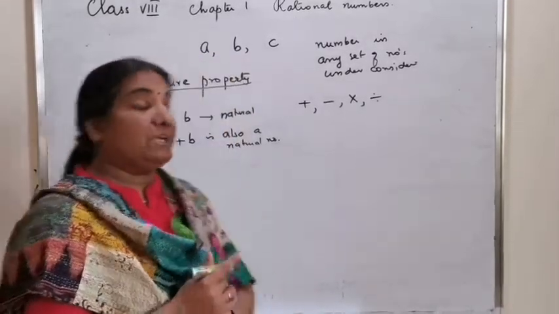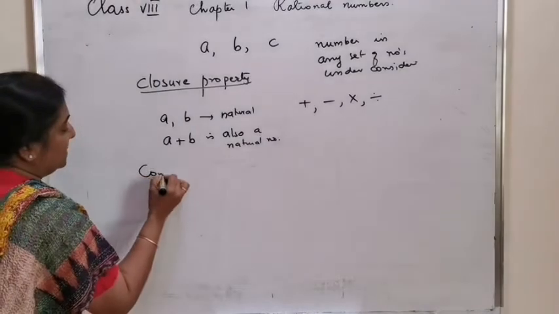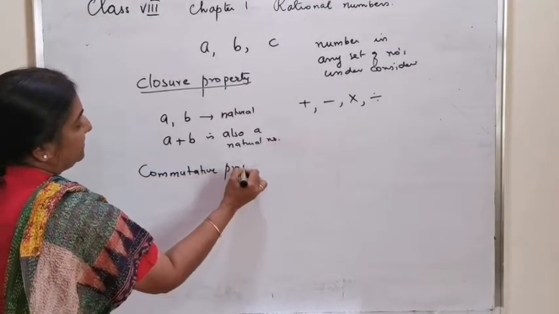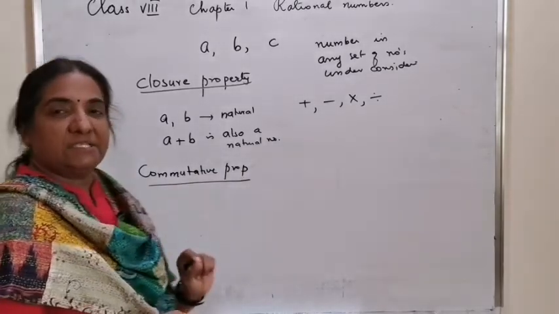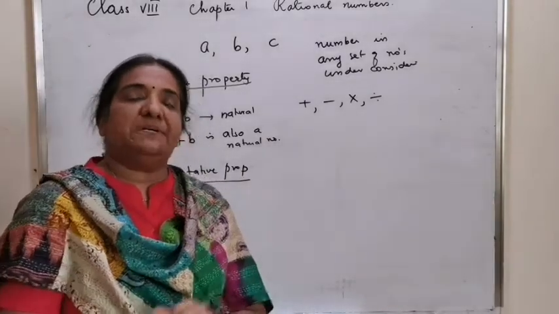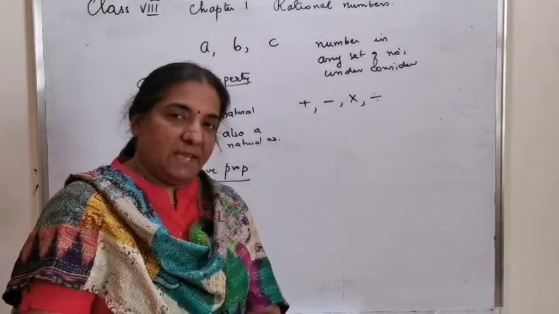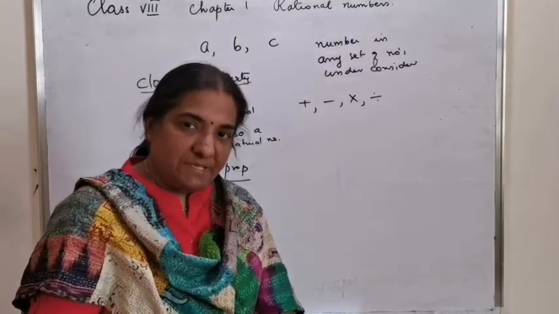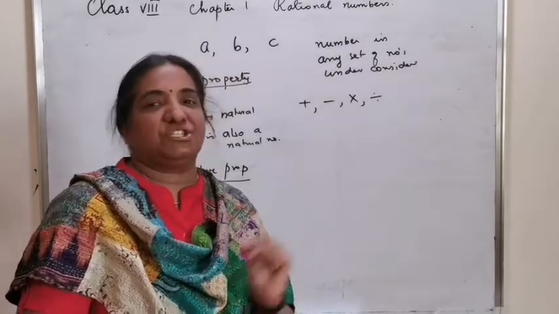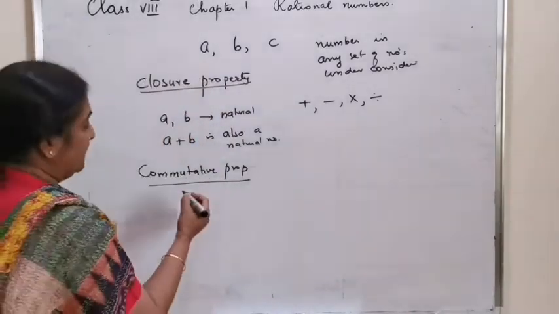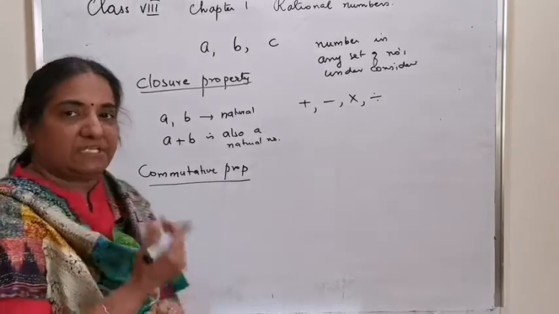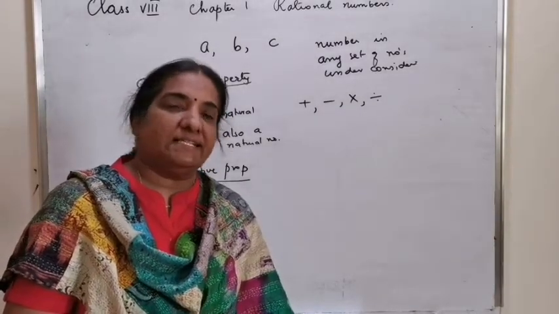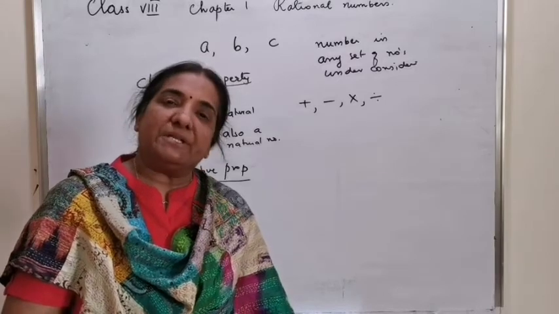The second property is called commutative property. Again, commutative property is for two numbers A and B. With the same logical reasoning, for the particular set of numbers and the particular operation, if the interchange of the numbers gives you the same answer, you can say that the numbers follow commutative property.